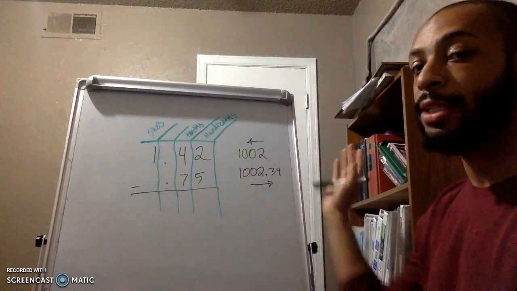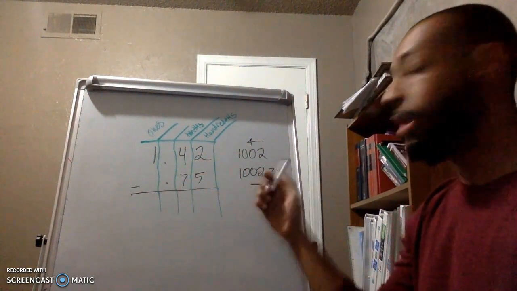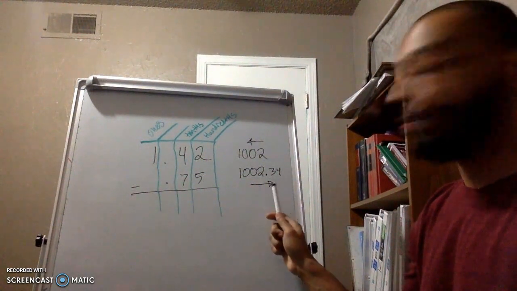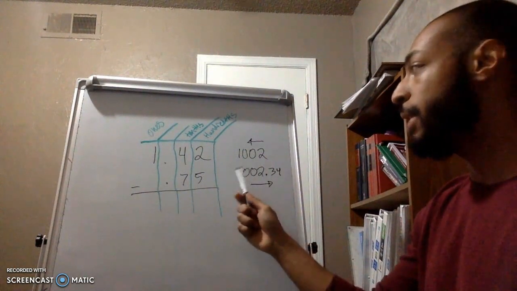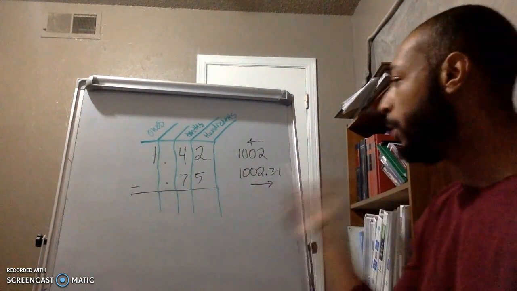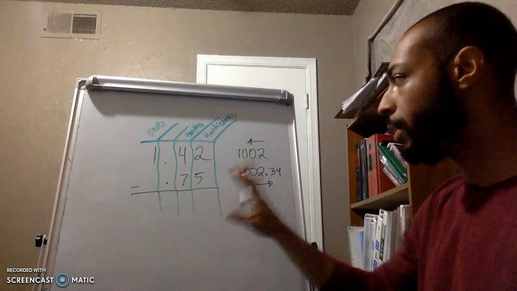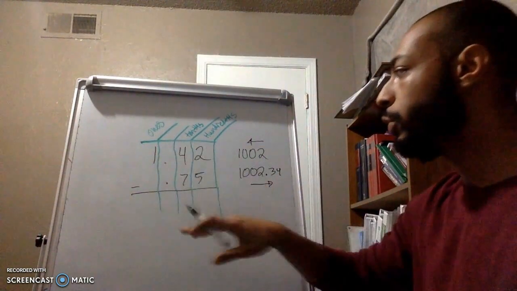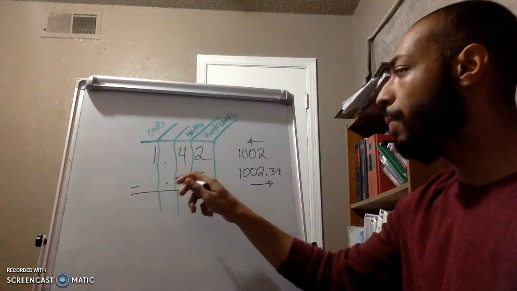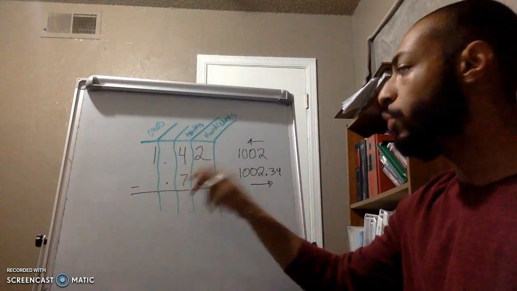So we're going right instead of going left. And in order to show that, we will put a decimal after our whole number here to show that it's getting smaller and smaller as we go on. To do this, I want to do 1.42 minus decimal 75.